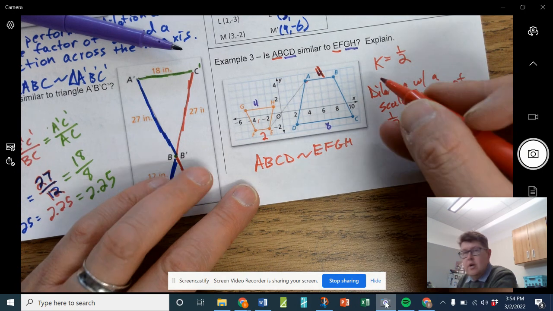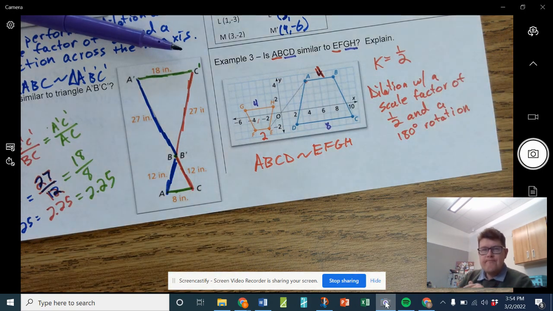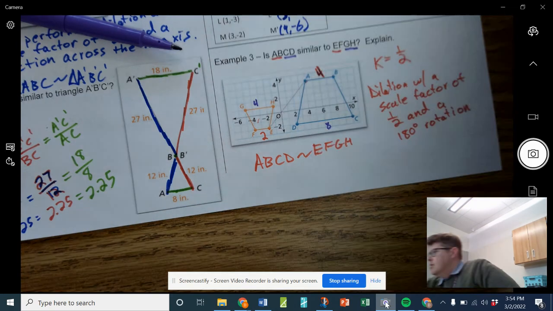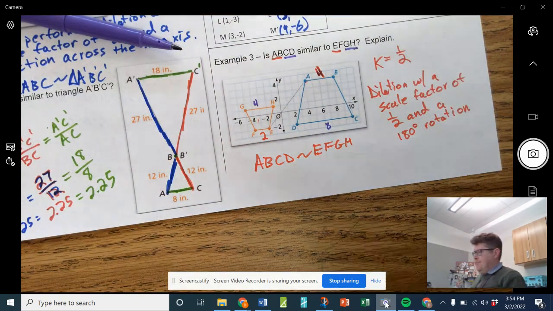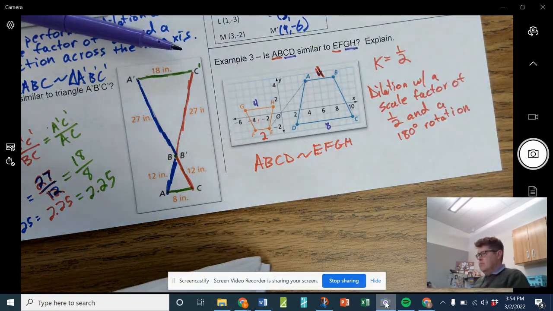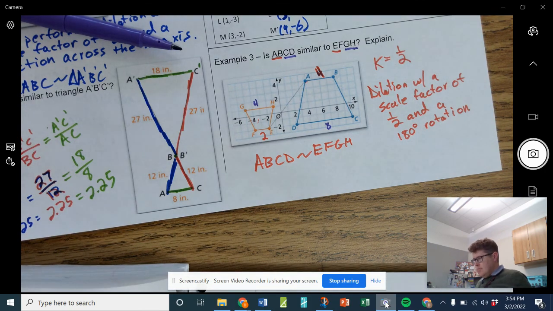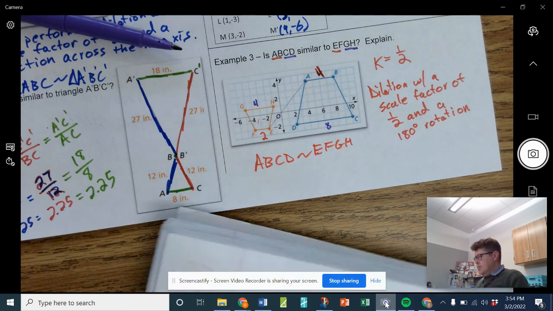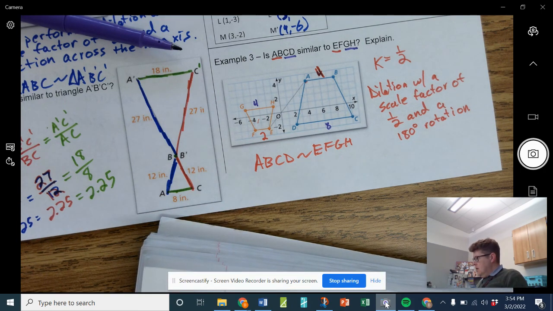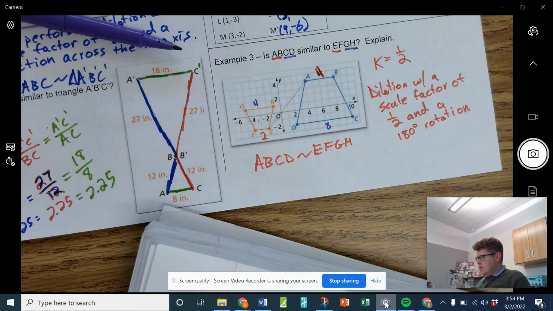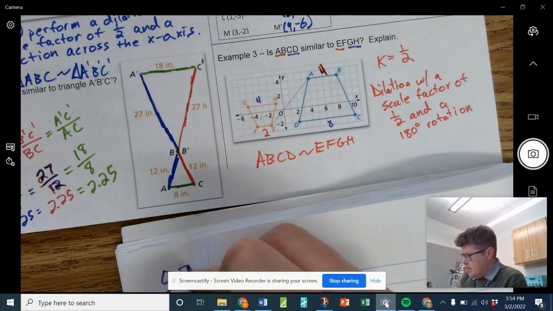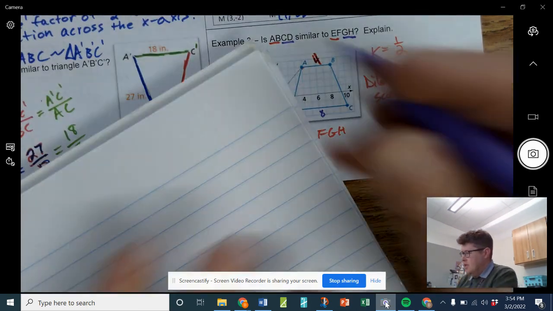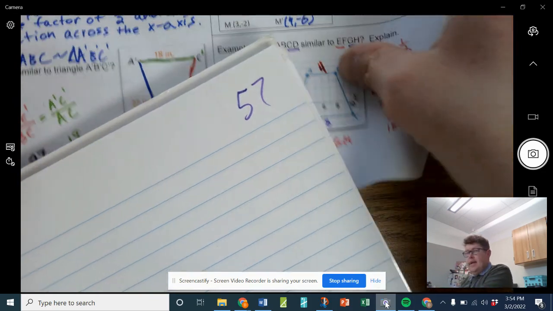Okay, we're going to put this in our notebooks. Oh, I didn't even put my reference book in there. Let's see, this is going to be on page 56, 57. Skip the page in here. It's going to be in 57, so we're going to fold that in half.